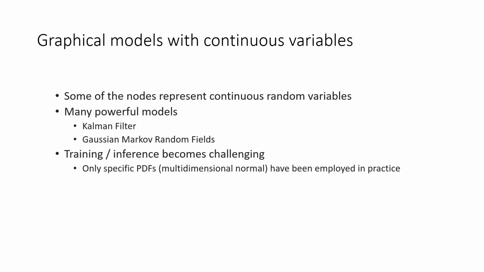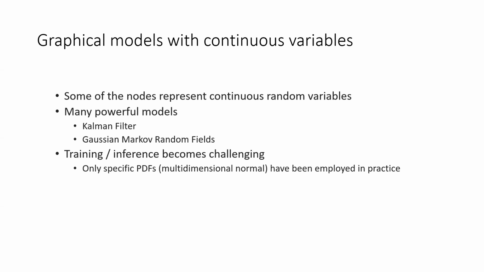And the last one is graphical models with continuous variables. As I told you, so far I'm making the assumption that the random variables are discrete. They're either binary or they have a finite number of values.